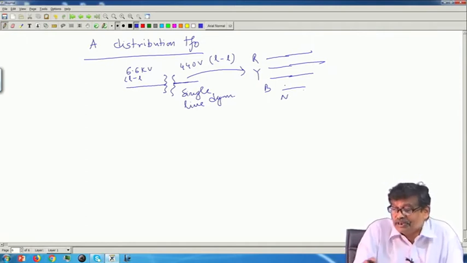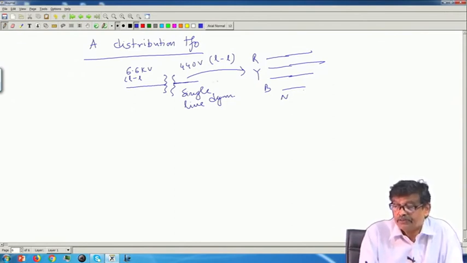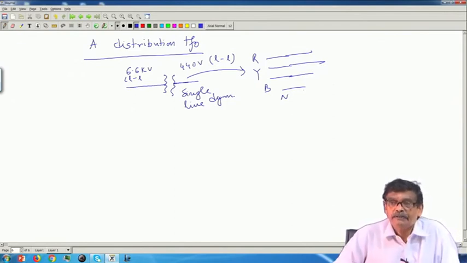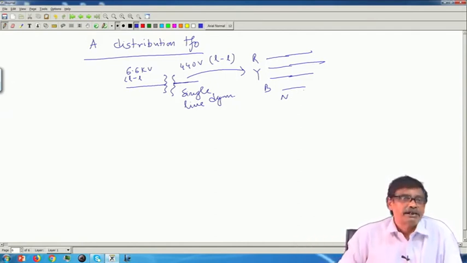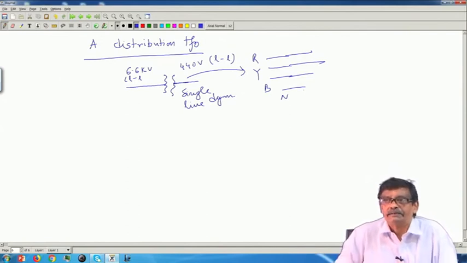Now, if you see the nature of variation of load on the secondary of such a transformer, that will change over a day. I mean, very large changes will be taking place all the time.